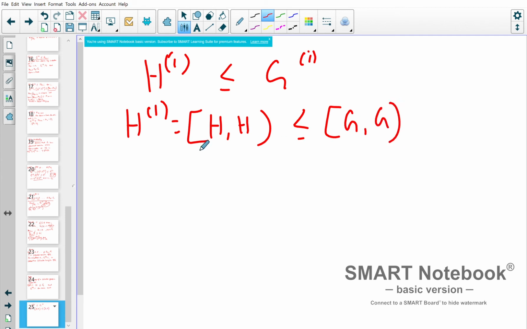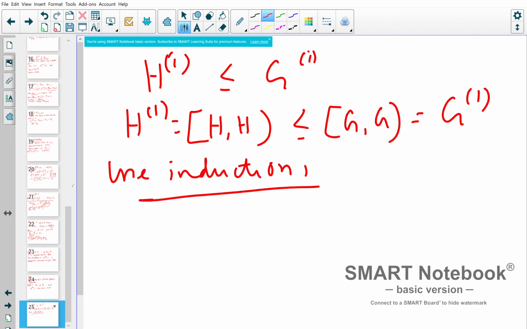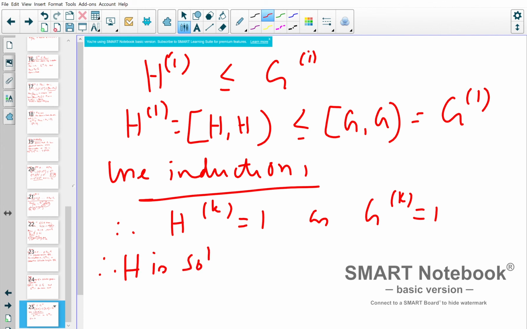Because every commutator of H is a commutator of G also. And so on. Now you use induction. That tells you that for every i this is true, right? So that means H K is also identity, as G K is identity. Okay, and hence H is solvable.